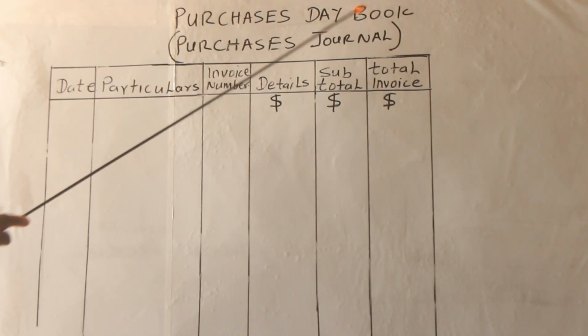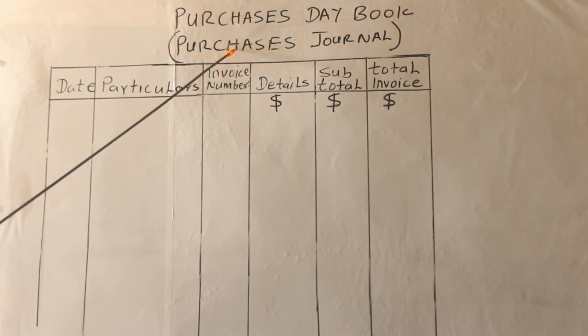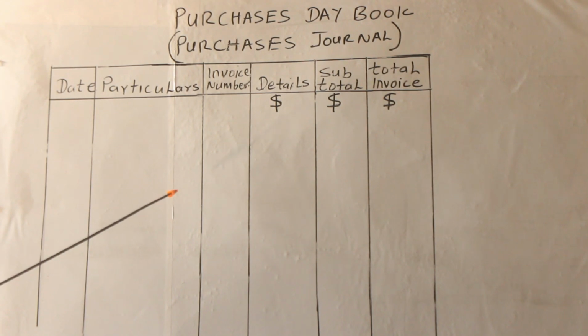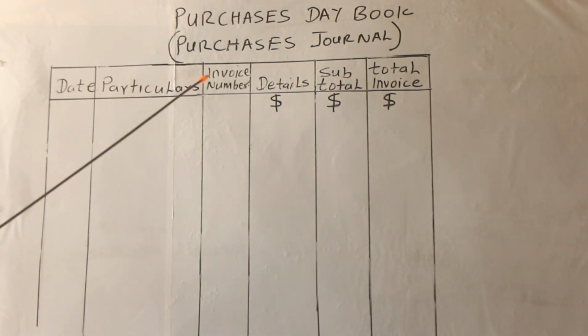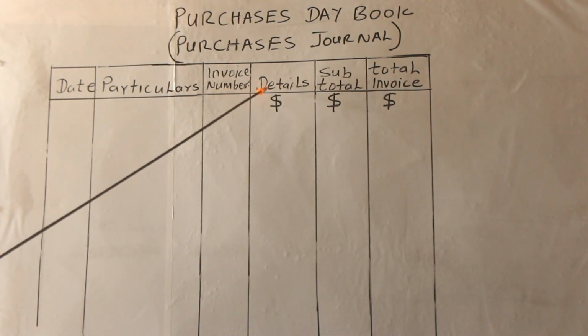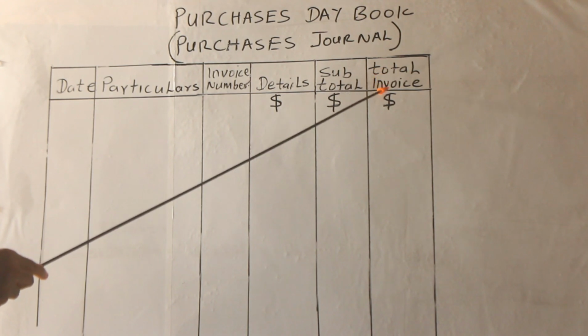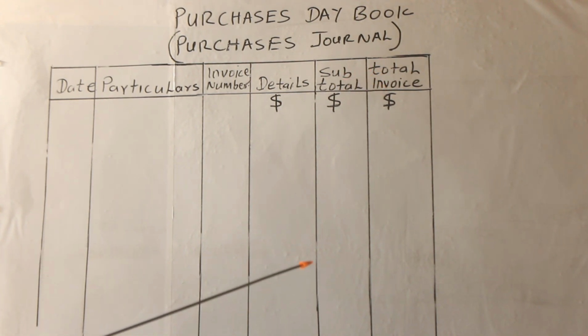The purchases day book, which can also be called purchases journals, can be used in this manner. We have the date, the particulars, invoice number, details, subtotal, and total invoice value.